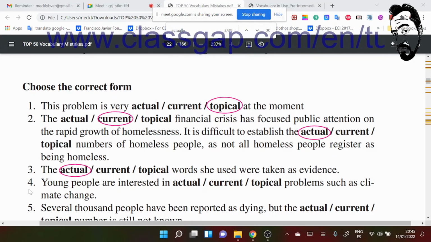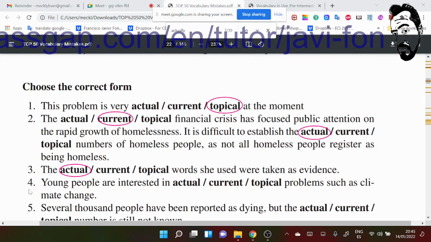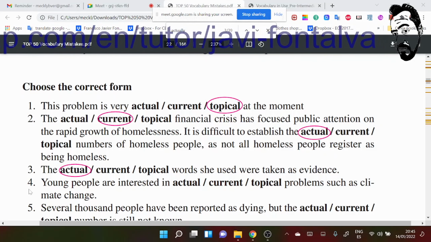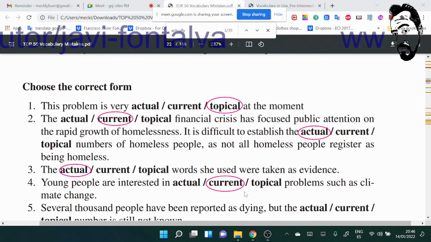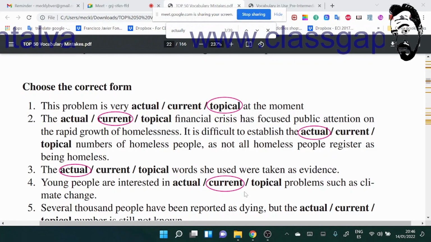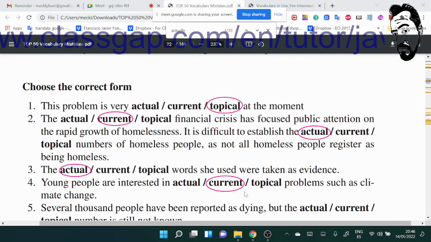4. Young people are interested in topical problems such as climate change. Current problems. Why? Happening now. Yeah? Current. Happens now. Yeah. When you mean now, we use current.